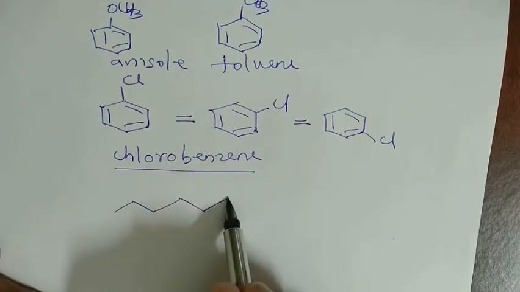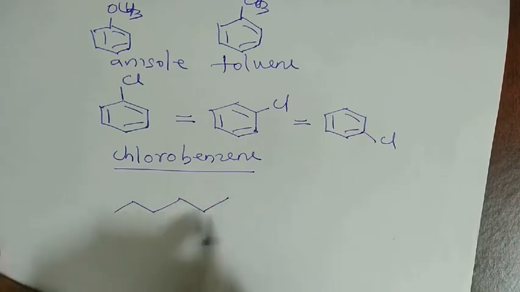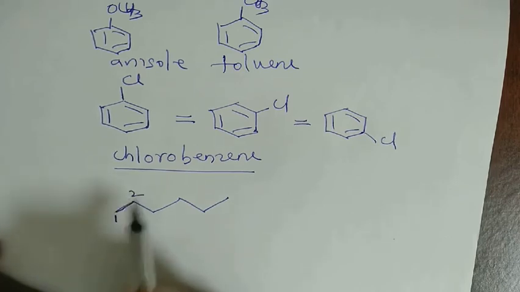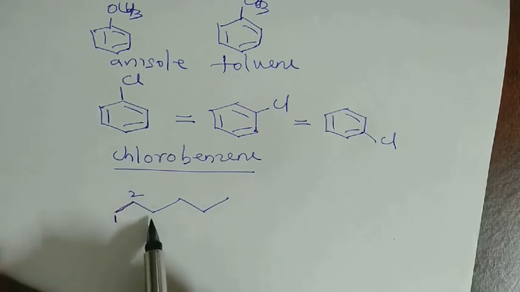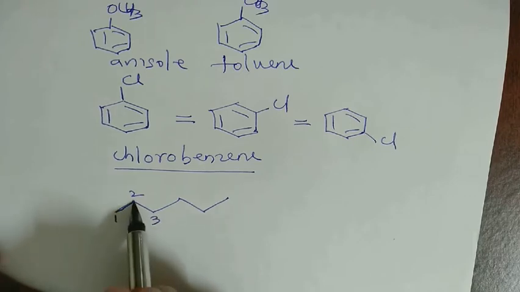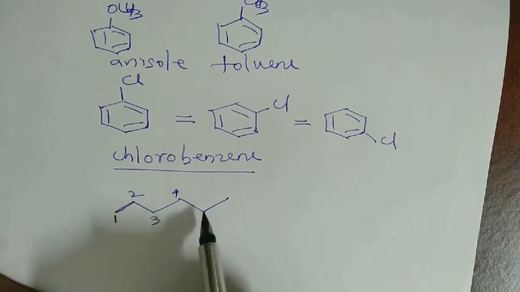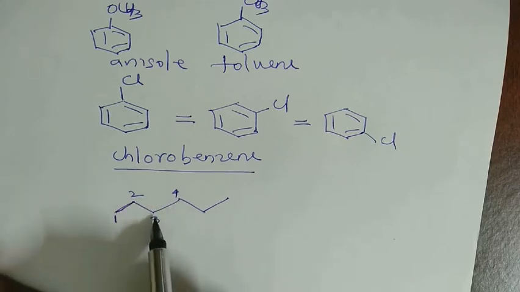In aliphatic compounds, for example, this is a 6-membered chain. If we attach chlorine at position 1, then the compound is 1-chlorohexane. If chlorine is attached at the second position, then it is 2-chlorohexane. If chlorine is attached at the third position, the compound is 3-chlorohexane.